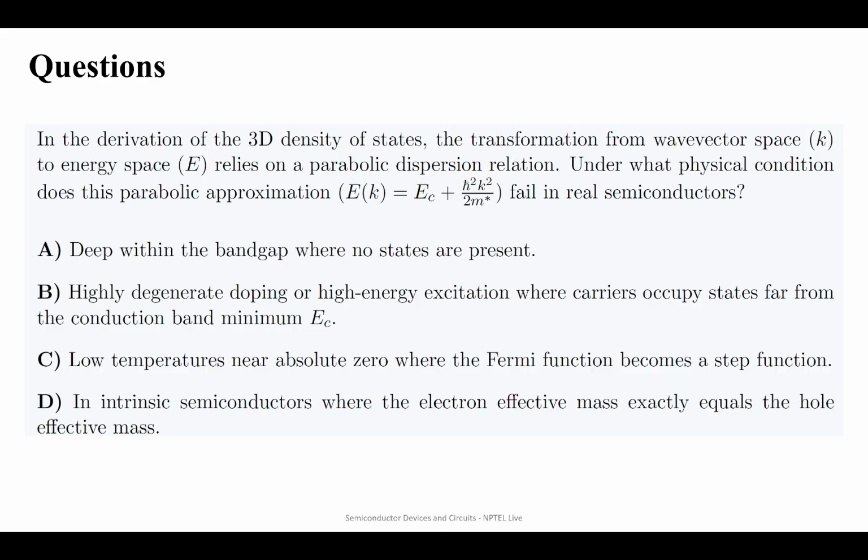Deep within the band gap where no states are present, highly degenerate doping or high energy excitation where carriers occupy states far from the conduction band minimum Ec, low temperatures near absolute zero where the Fermi function becomes a step function, in intrinsic semiconductors where the electron effective mass exactly equals the hole effective mass.